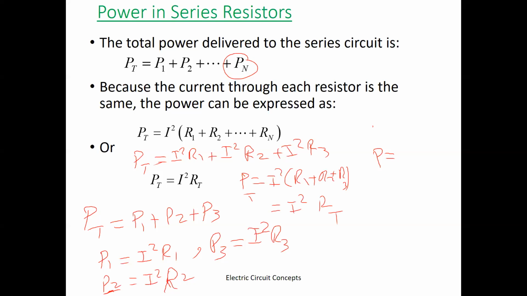So if I know RT and I know the current, then if I square it and multiply by RT, I get PT. Or I could use the individual power consumed by each. So if I know RT, I will be able to find PT without finding the individual power loss in each resistor, using the I squared times RT form.